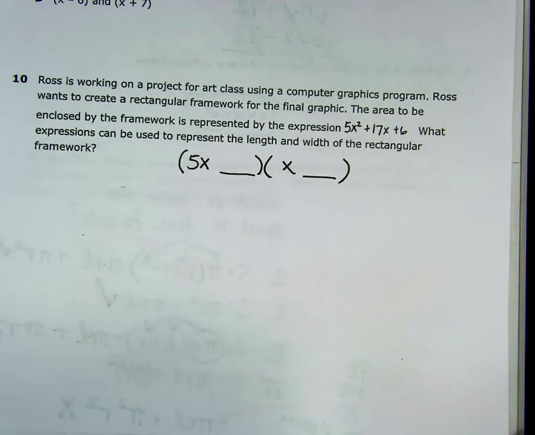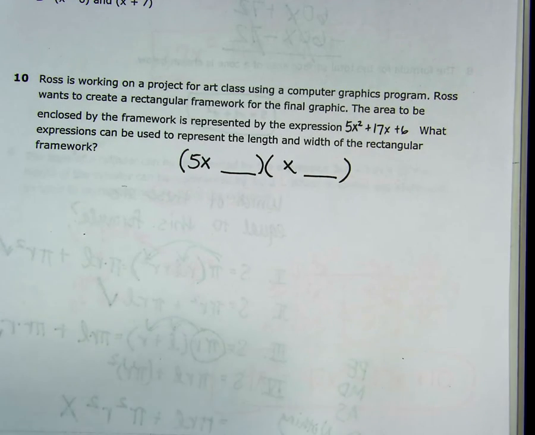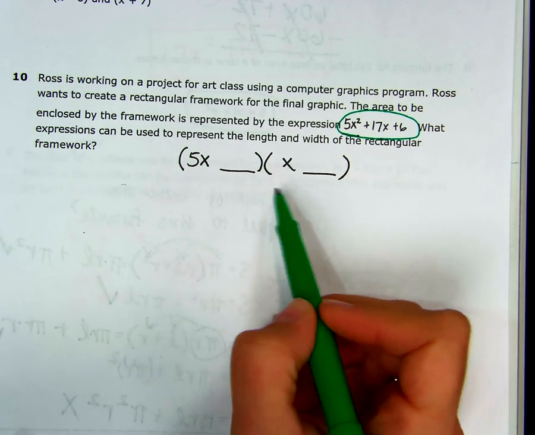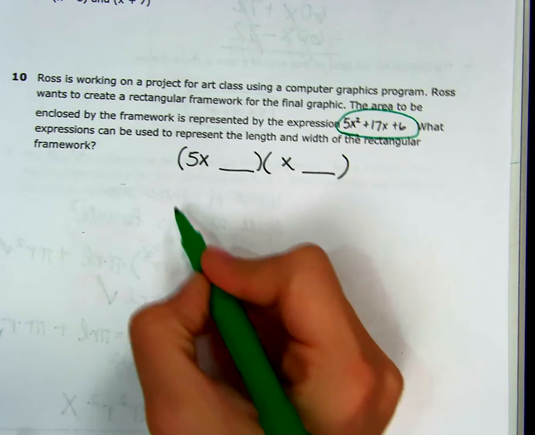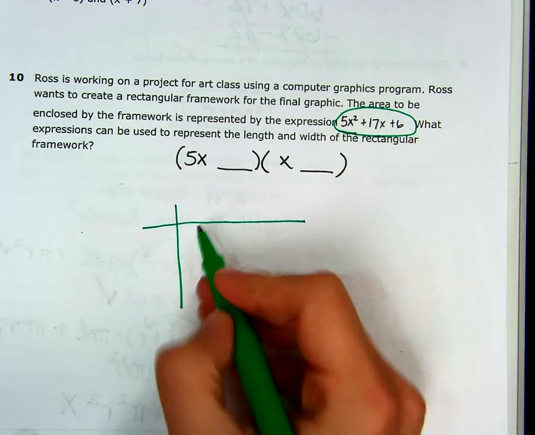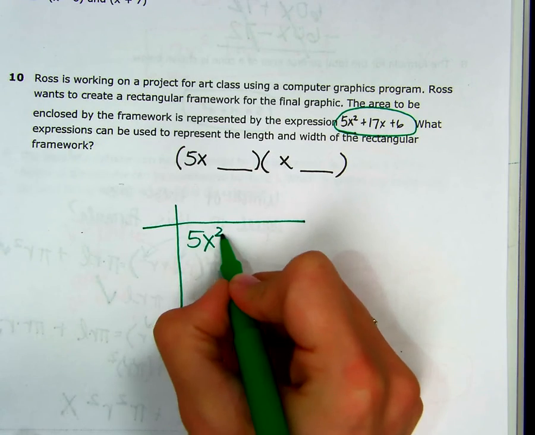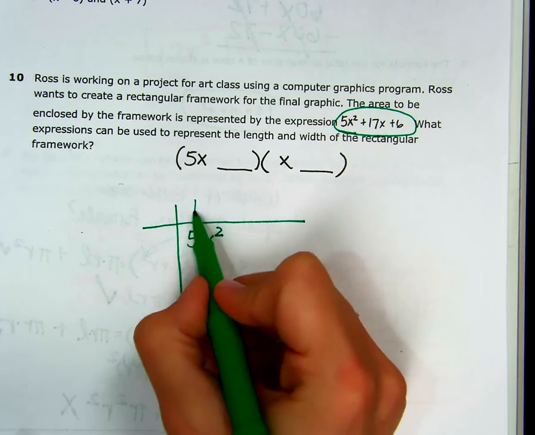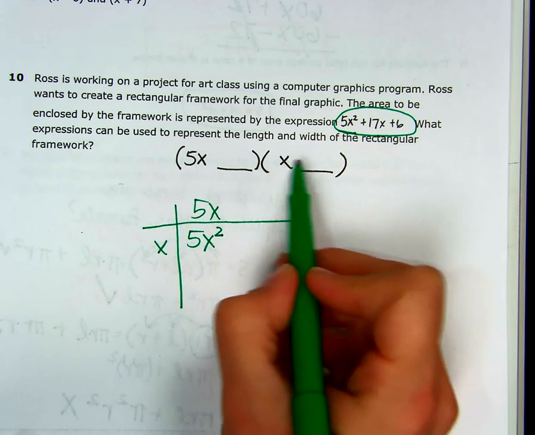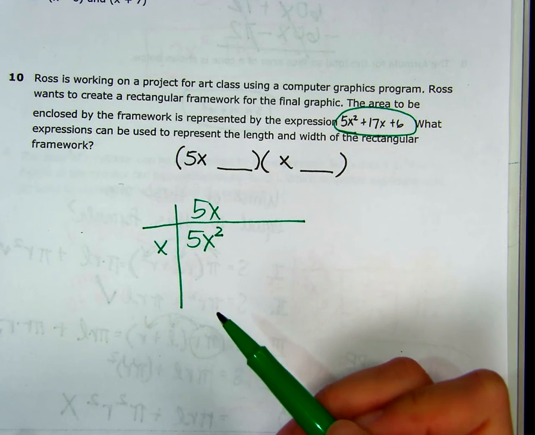Number 10 is interesting because it's a work backwards problem. They told us the area, and they've gotten us started on the length and the width, but they want us to figure out what else is going on here. So I know 5x squared is going to go right here in my box because it's going to be 5x times x in my expression here.